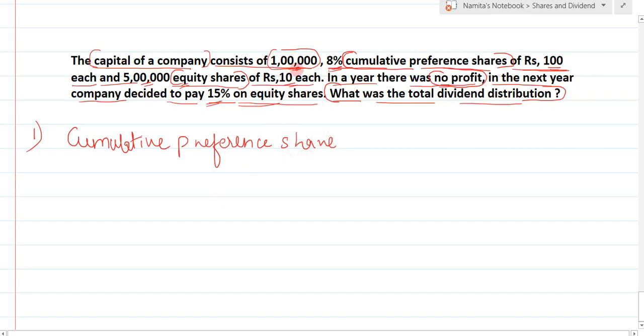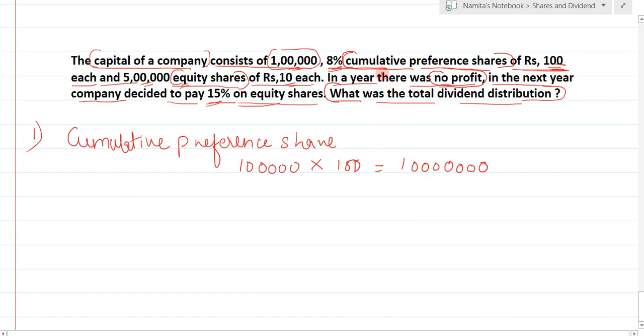Now cumulative preference share is 1 lakh and each share is of 100. So 1 lakh multiplied by 100 is 1 crore. So this is the cumulative preference share capital. 1 crore is cumulative preference share capital.